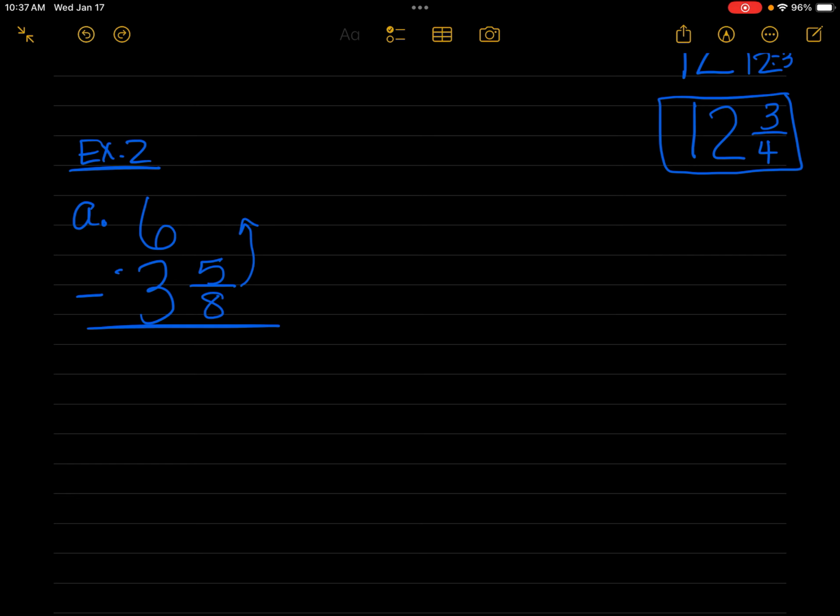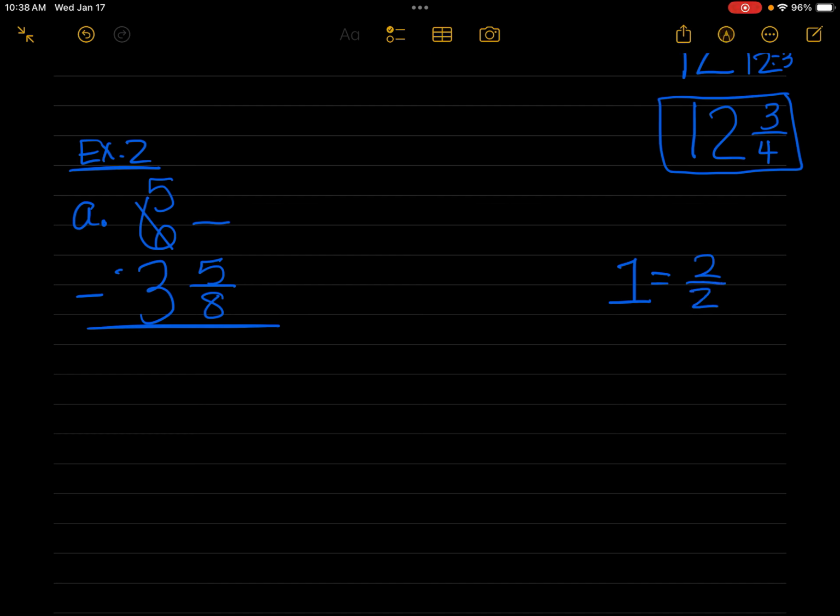So that is what I'm going to do here: I'm going to borrow from the 6. So that will make it 5, right? So I borrowed 1 whole. So over here on the fraction, I'm going to make this equal a whole. So what does 1 whole equal? Well, 1 whole can equal 2 over 2, right?